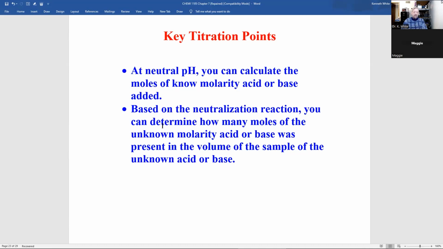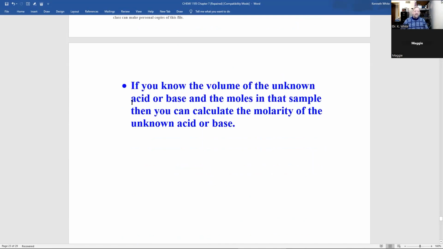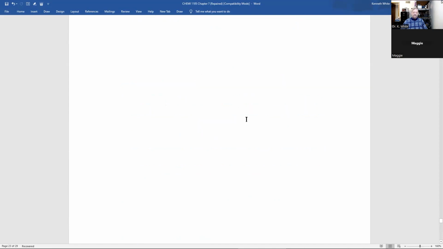In other words, if you have a known acid and an unknown base, you can titrate to get the molarity of the base. If you have an unknown acid but a known base, you can titrate it, and when using the indicator, find the molarity of your acid. If you know the volume of the unknown acid or base and the moles in that sample, you can calculate the molarity of that unknown.